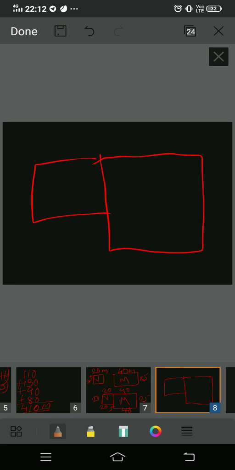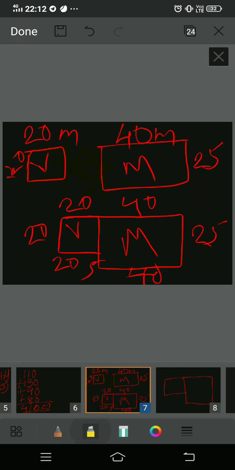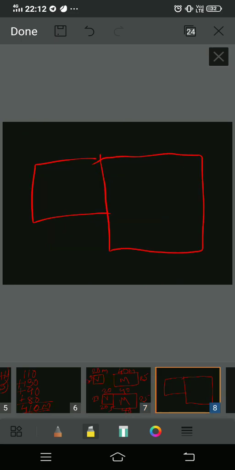So this width and this width will be gone. We will have three sides of Veena and three sides of Manoj. This is how the plot is merged for Veena and Manoj.